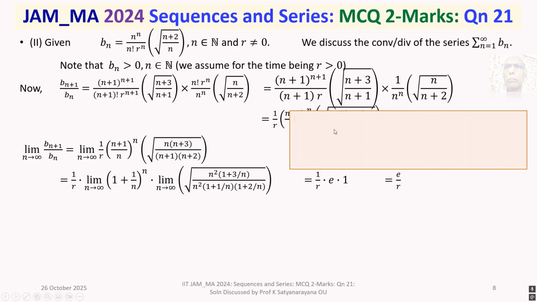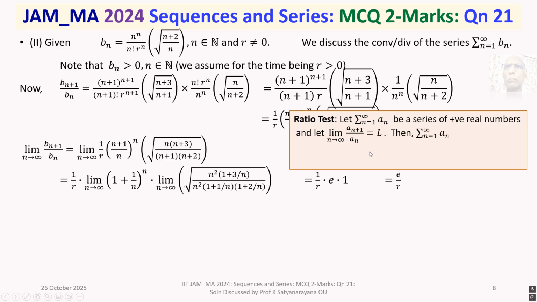Now let's recall the ratio test. Let sigma a n be a series of positive real numbers, and let limit n tends to infinity of a n plus 1 by a n, the ratio, be equal to L. Then the series sigma a n is convergent in the first case, when L less than 1.